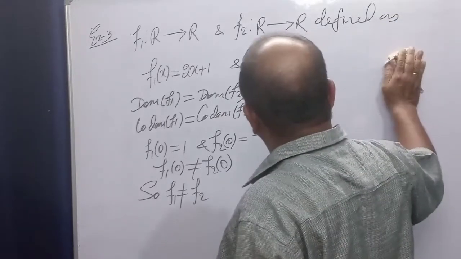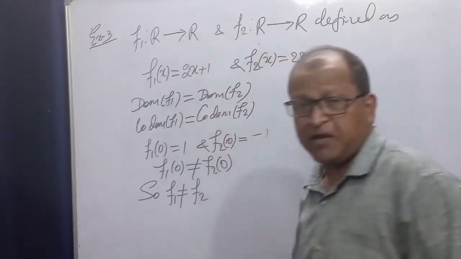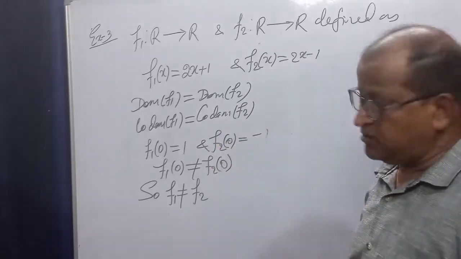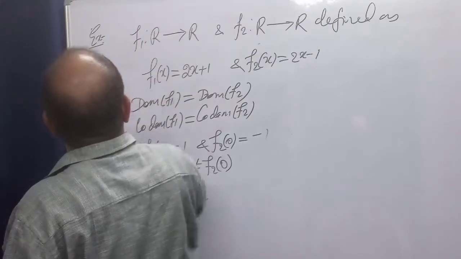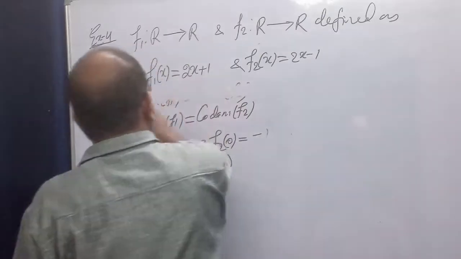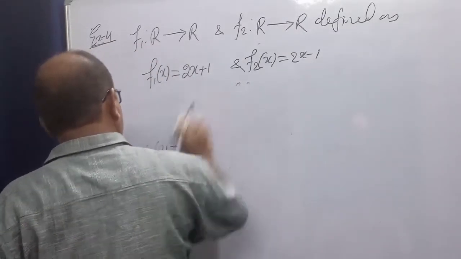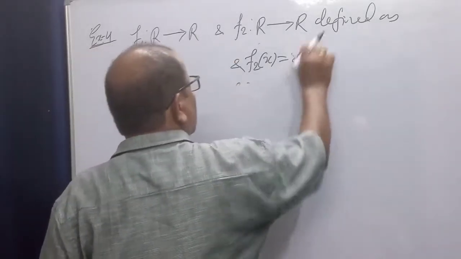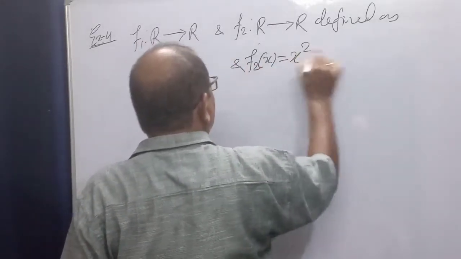Okay, so this is how we can test the equality. Let us see when they will be equal. Example 4. If you take it is x square, this is also x square.